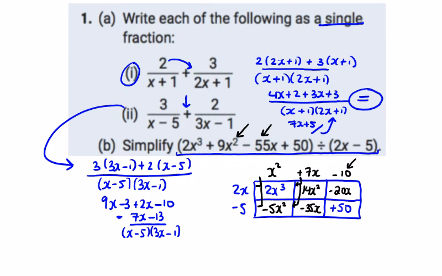And this number, minus 10 by minus 5, is equal to this number. You know you've done it correctly. So the answer is x squared plus 7x plus 10 on top. Is it a quadratic we can simplify? No, so we'd leave it as 2x minus 5 x squared minus 7x minus 10.